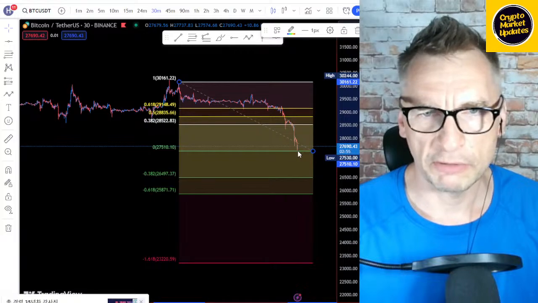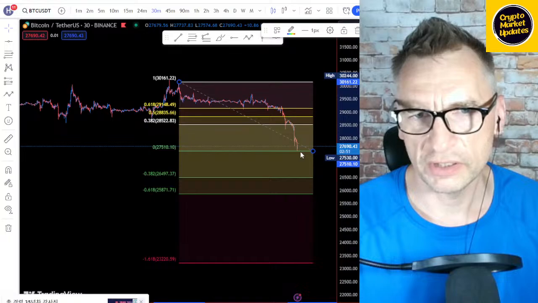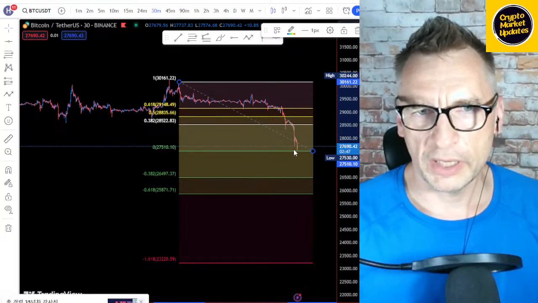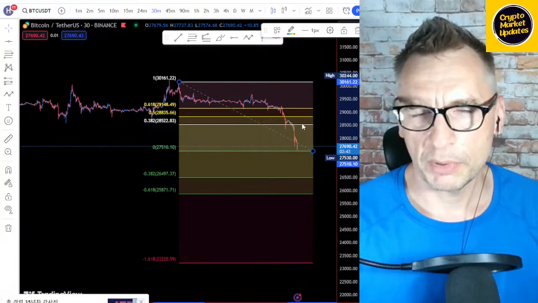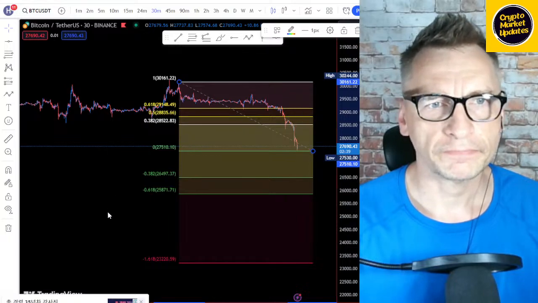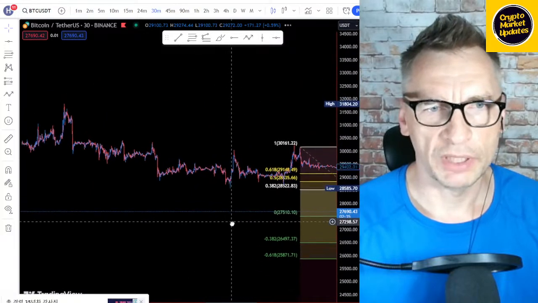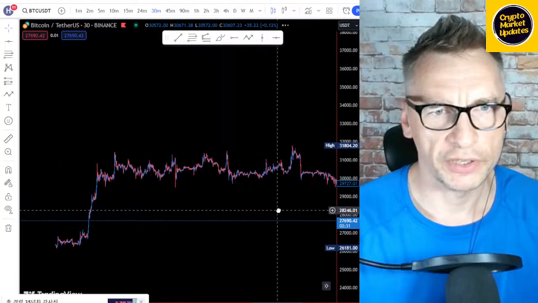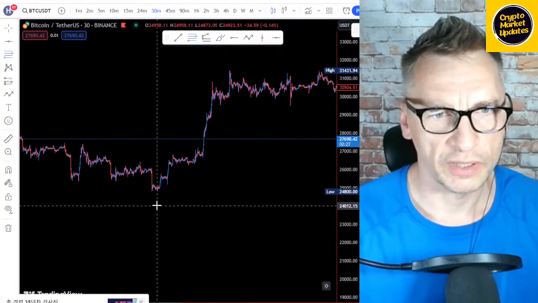Right now Bitcoin's bouncing on the zero right here at 27,000, and if it breaks back up above this line, then you'd go long, I guess, or if it hits around here. So yeah, this strategy, maybe. Let's have a look, see if we can find something better here. Maybe right here, moving upwards. Let's do that one here.